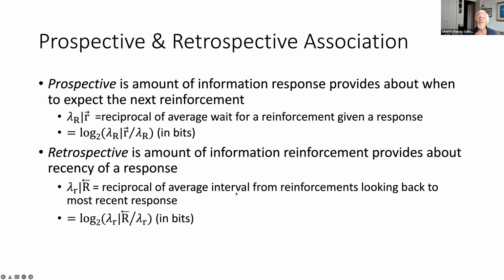Okay. Now, you'll hear more about this in the next lecture, but when we come to operant conditioning, we have to distinguish between prospective association and retrospective association. So we're measuring association, and again, I'll be explaining this by essentially the mutual information, which I've already explained in a previous lecture.